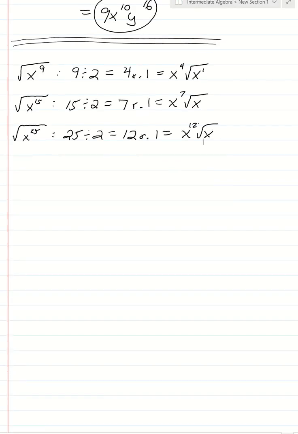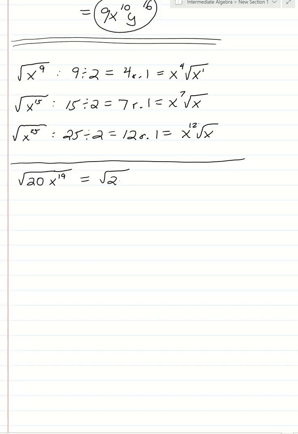Let's try one a little bit more complicated. Let's take the square root of 20 x to the 19th power. The first thing we have to do is split this up into the square root of 20 and the square root of x to the 19th power.